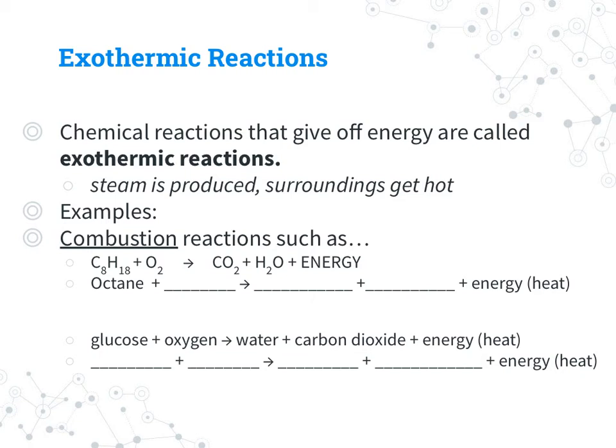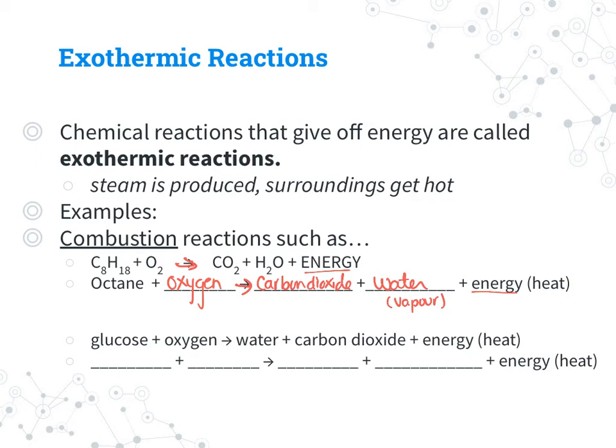Octane plus O2, which is oxygen, makes CO2, which is carbon dioxide, H2O, which is water, and I know that this is a vapor when things are burning because it's so hot that water evaporates. And energy. So we could say energy or heat.